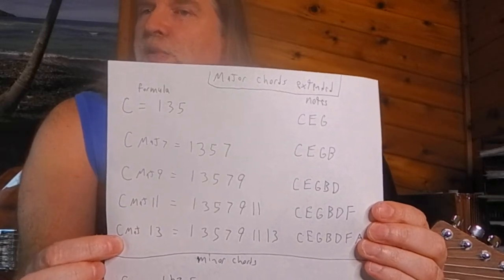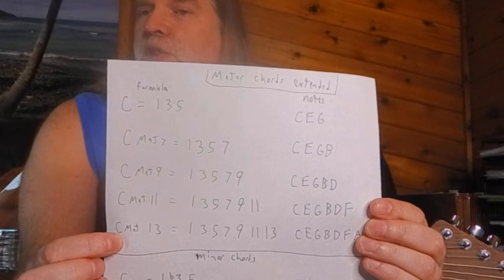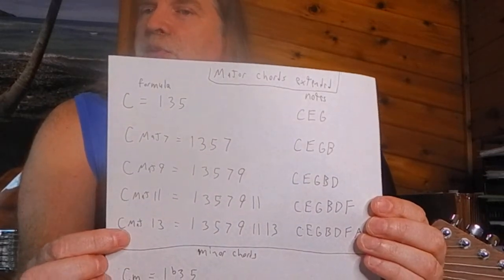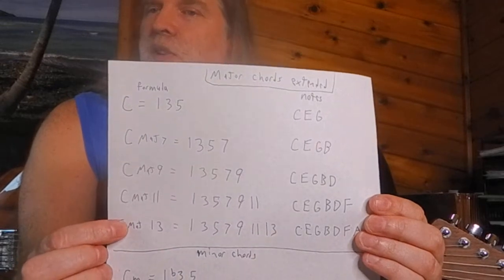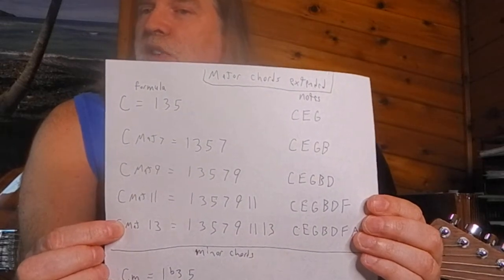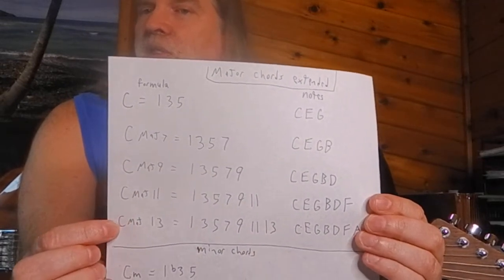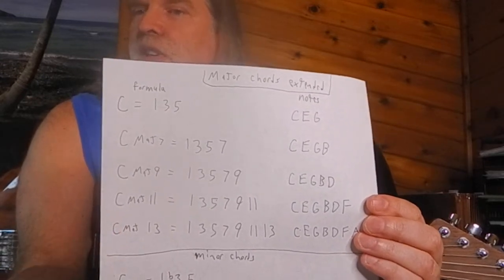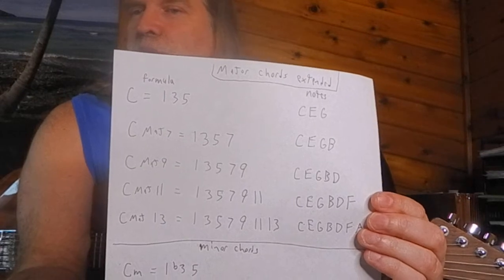I definitely need the 3 though, because that's what makes it major. So I definitely want to keep the 3 in there. I need the 7 because that's what differentiates the major 13 from the dominant 13. So without the 7, there's no difference between a major 13 and dominant 13. And of course you need the 13 because it's not a 13th chord without the 13.